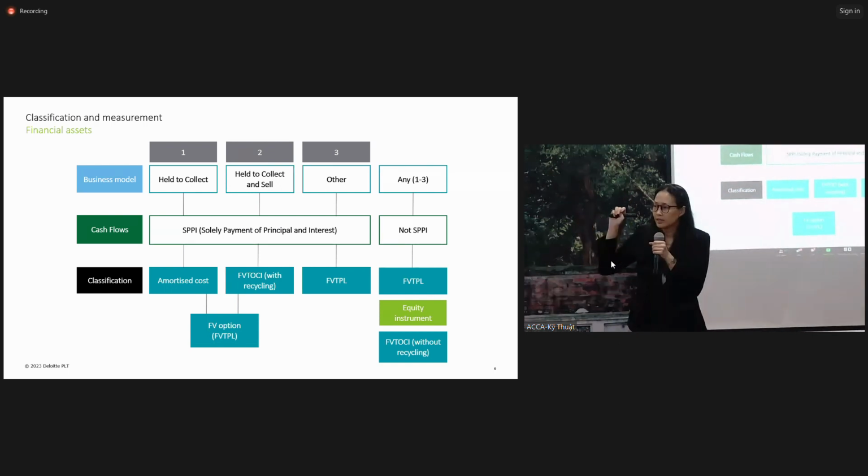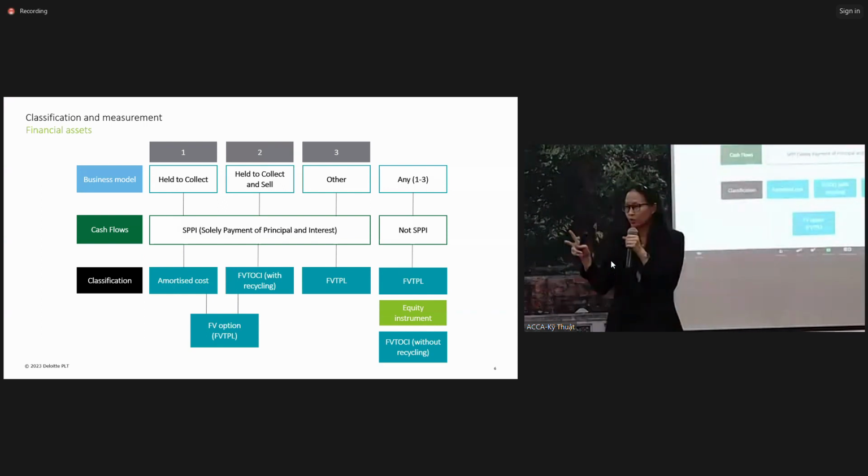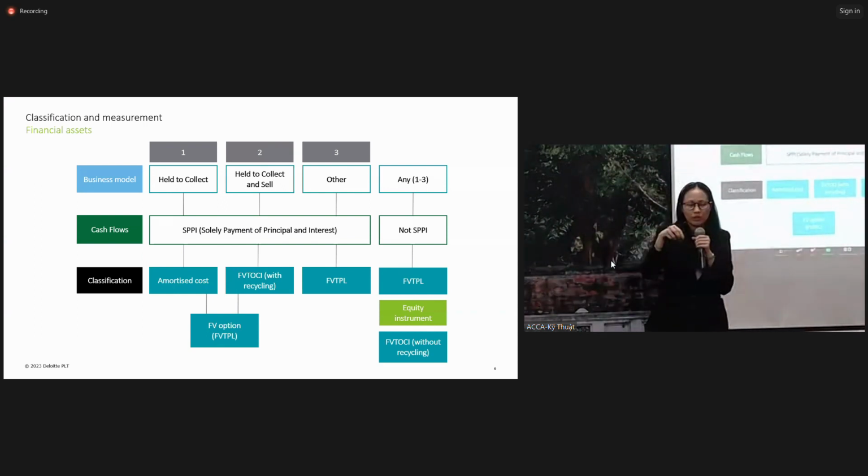And lastly, if you have the intention and ability to hold to maturity, then it goes to held to maturity. So anything else that fails becomes AFS. The key difference between held to maturity and loans and receivable is that you have a maturity period.